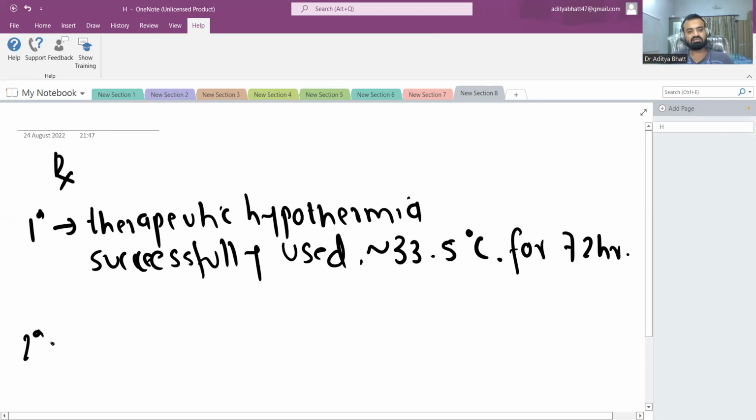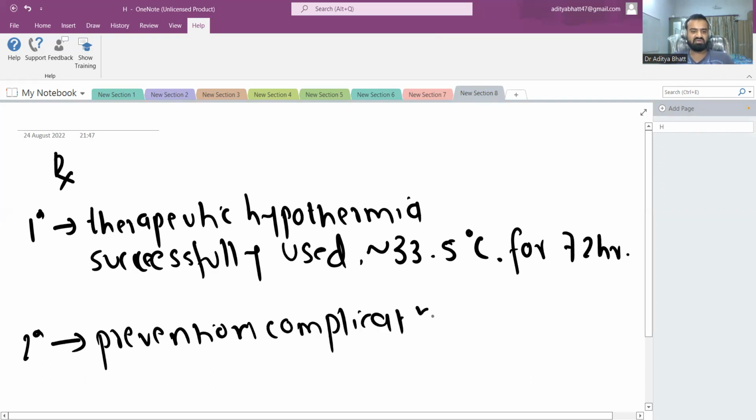And for cerebral palsy itself there is no treatment, but prevention of complications is an important part. Physiotherapy is a mainstay.